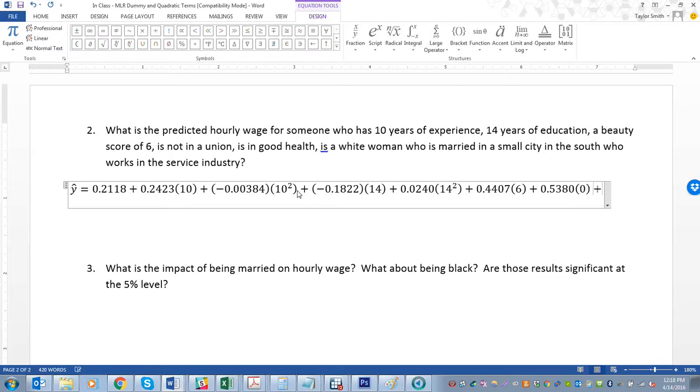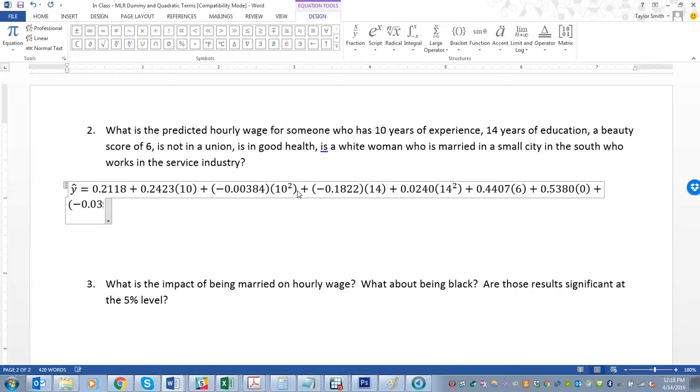Next, she is in good health. So you put the good health coefficient, which is negative 0.0374 times she is in good health, so that'll be a 1. Okay. Plus, she's white. She's not black, and the variable here is black.